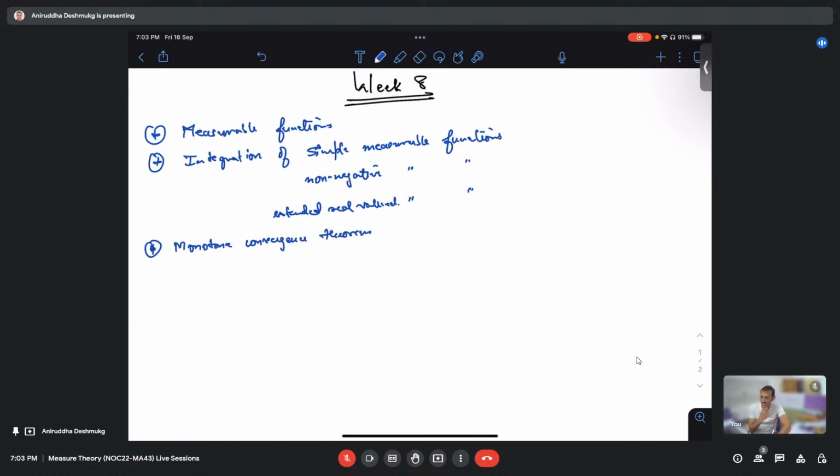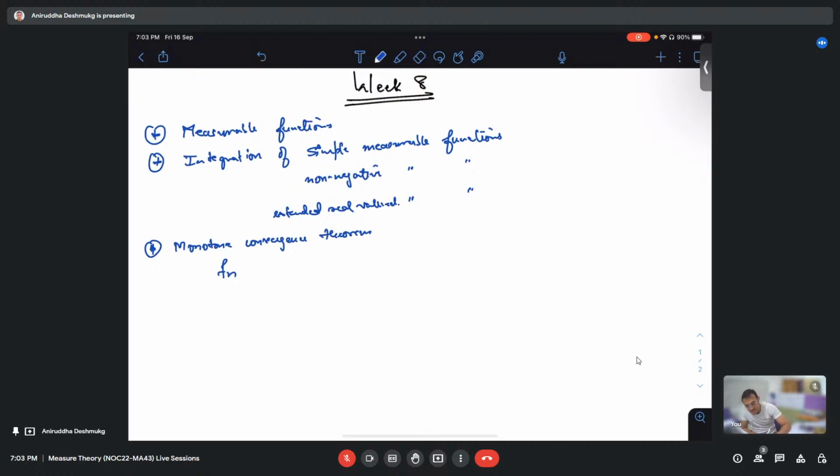The monotone convergence theorem says that if we have an increasing sequence, or rather a non-decreasing sequence of measurable functions which converge pointwise to another function, and if everything here is non-negative, then we can say that the sequence of the individual integrals converges to the integral of f.